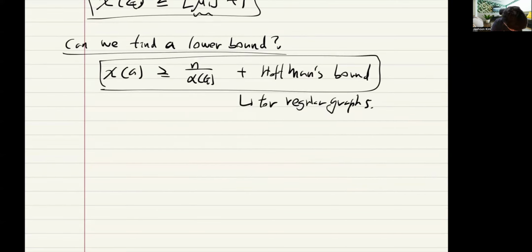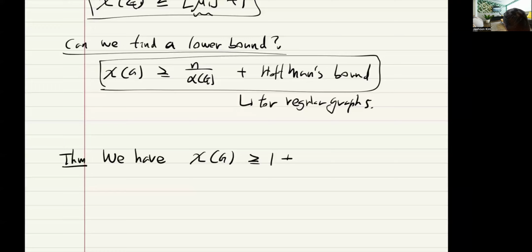What if we have a non-regular graph? There is this theorem which says that the chromatic number is at least 1 plus mu1 divided by negative mun. Again, mun is a negative number, so minus mun is positive, so this is actually a positive number. So we have this theorem, which is what we want, a lower bound in terms of this eigenvalue.